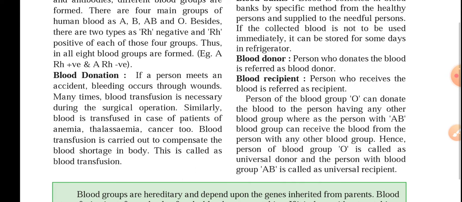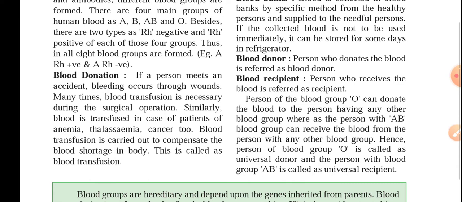Now, a person having blood group A can accept blood from A negative, which means A with Rh factor negative. The person can take blood from O also.